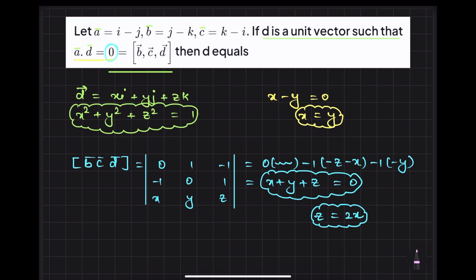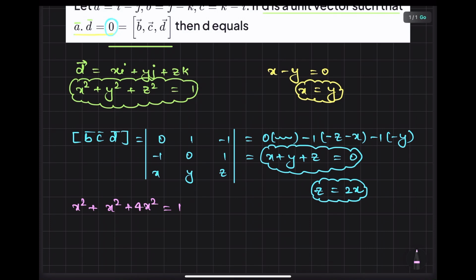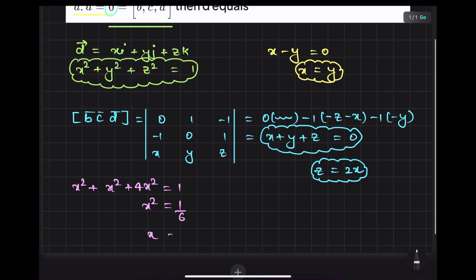So x square is x square, y square is x square because y and x are equal, and z square equals 2x whole square, means 4x square, equals 1. So can I say that it is 6x square equals 1, means x square equals 1 by 6, means x is plus or minus 1 by root 6.